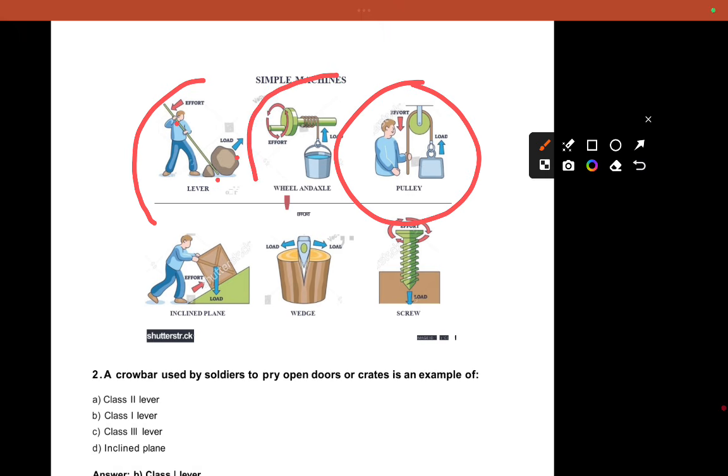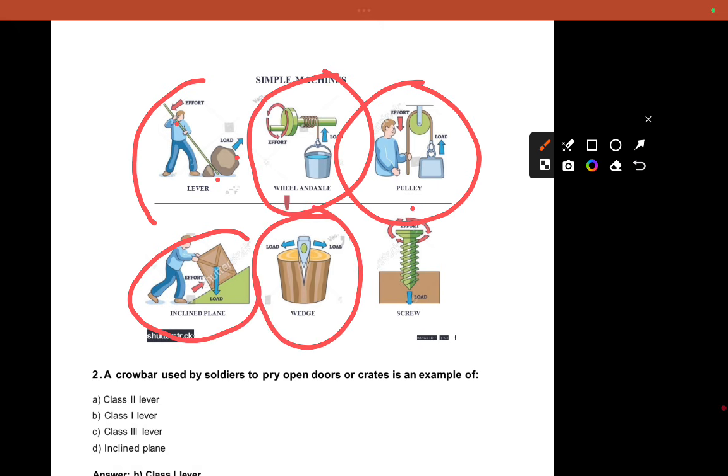This is the wheel and axle concept. This is the pulley, and this is the inclined plane. This is the wedge, like you know very well when we are cutting wood, you use this technique. And this is the screw. Here force is applied, and with the help of a small support we are removing this stone, and this is called the fulcrum.